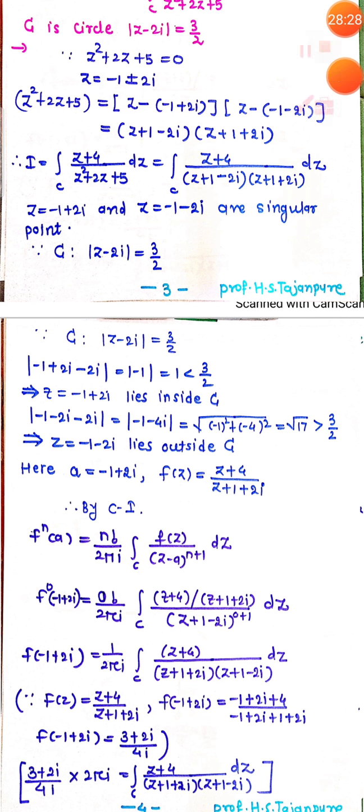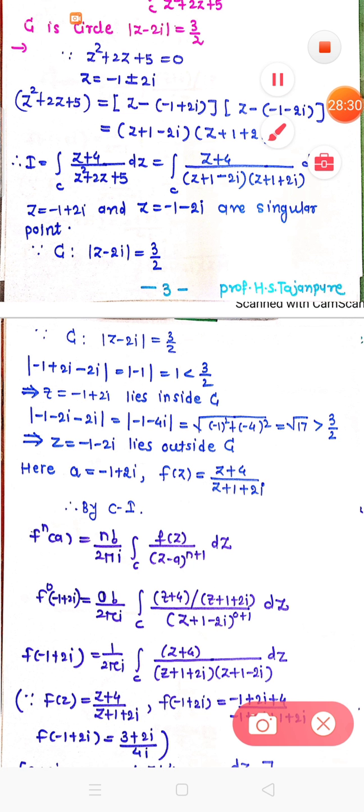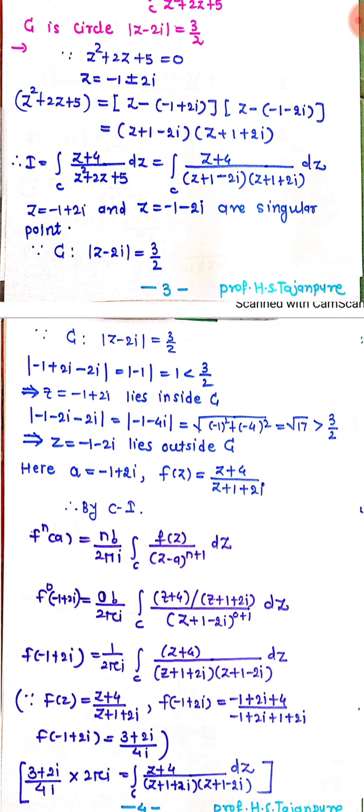So whatever point lies inside the curve C, that is the point a, and the function which will be analytic is (z + 4) upon (z + 1 + 2i). Now write the Cauchy integral formula. In that, put the value of a. The suitable value of n will be 0.